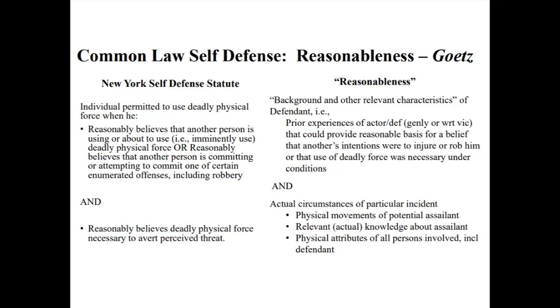All right, so the next slide helps us look at the doctrine that was applied in this particular jurisdiction and compare the New York doctrine to the Model Penal Code. So on your left, set out are the elements of a self-defense claim in New York.